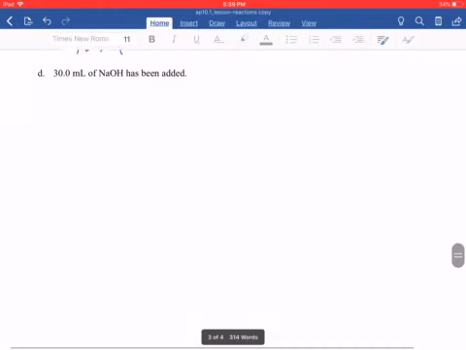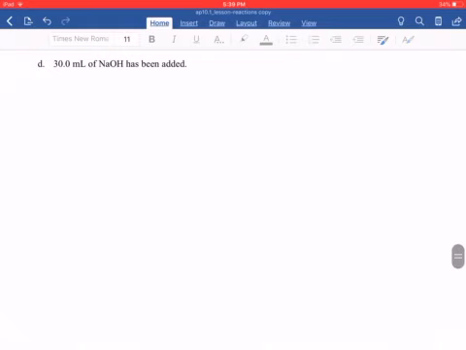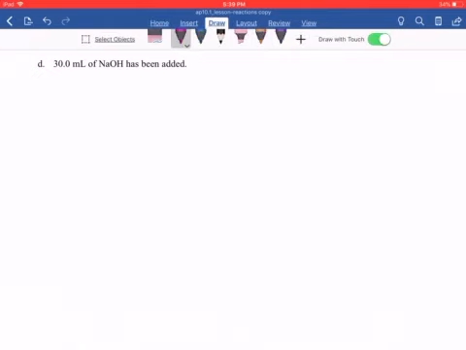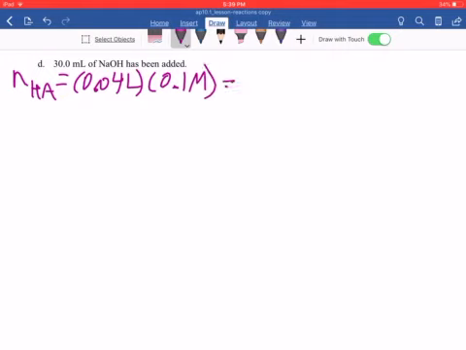All right. The next part, we added 30 milliliters of sodium hydroxide. So go ahead, pause it, same steps as before, and then I will solve it out. Moles of acetic acid: 0.04 liters times 0.1 molarity, 0.004 moles.